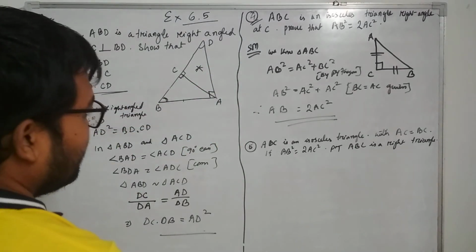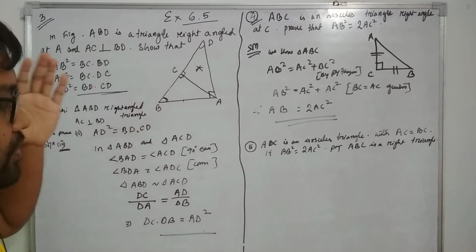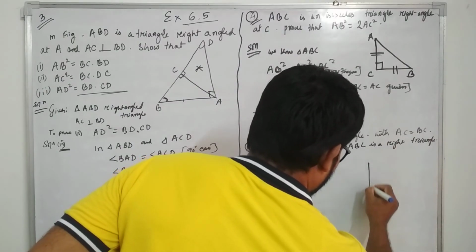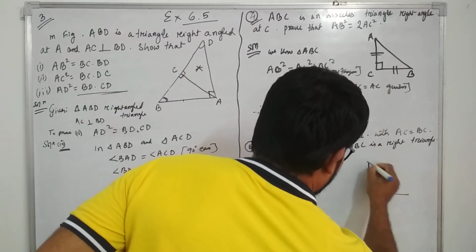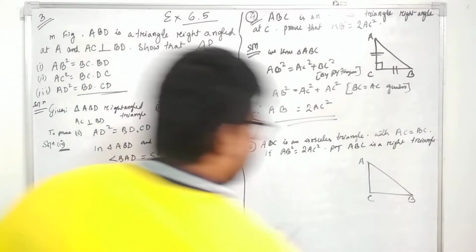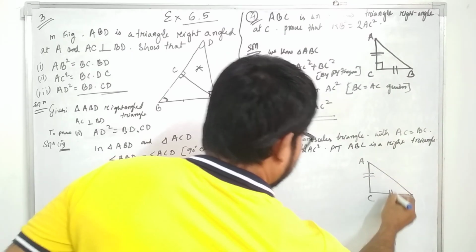Next, you see, ABC is an isosceles triangle with AC equal to BC. Drawing one triangle ABC, what things are given? AC equal to BC.